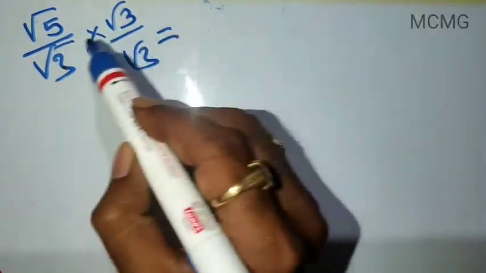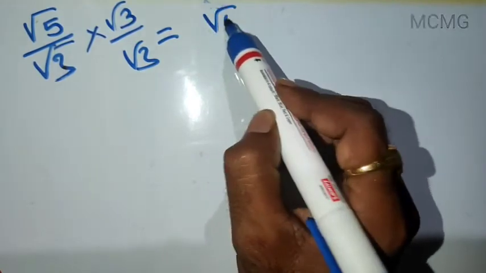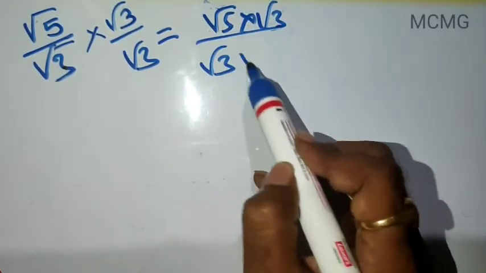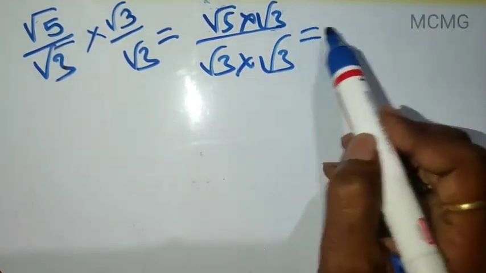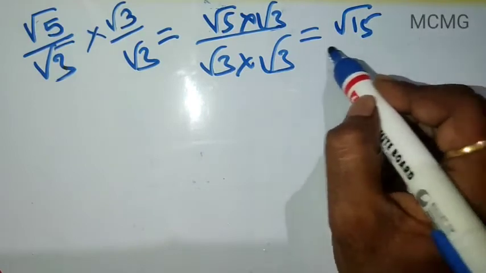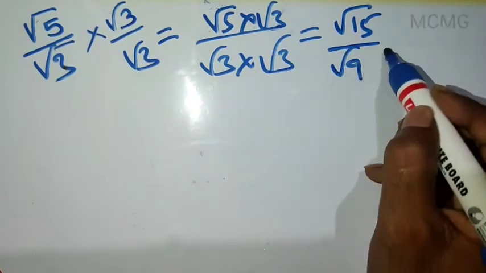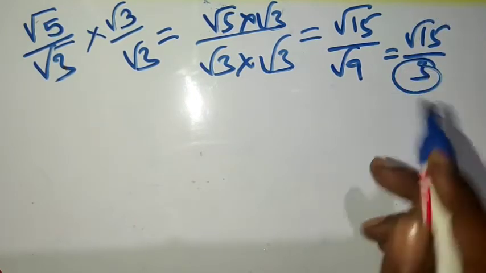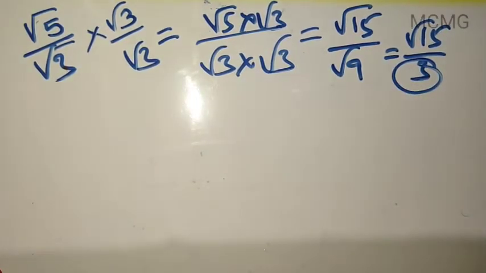Then we get root 5 into root 3 whole by root 3 into root 3. Root 5 into root 3, according to laws of radicals, is root 15. By root 3 into root 3, root 9, that is nothing but 3. See now, the denominator is reduced to a rational number.